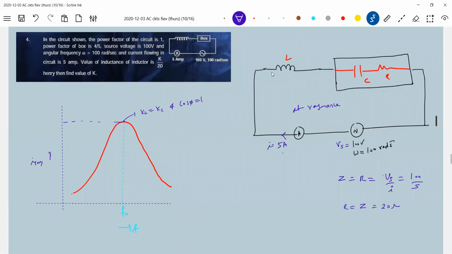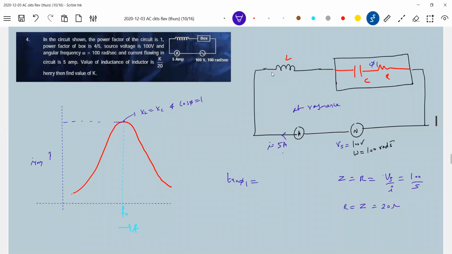But it's asking us to get the self-inductance value, no? So let's get into the power factor, the power factor of the box. Power factor of the box means tan phi 1, I'll write it as phi 1.